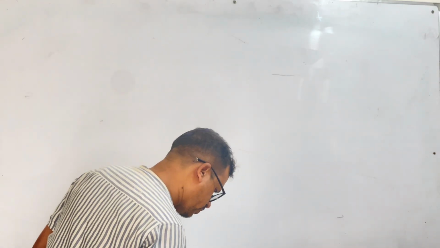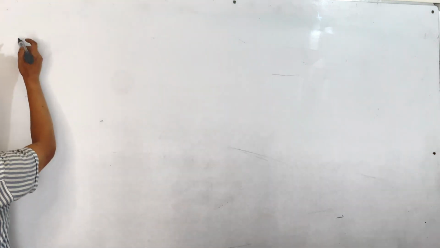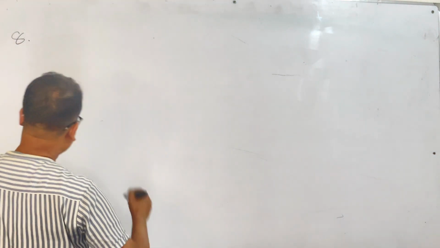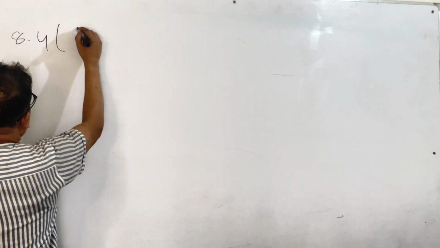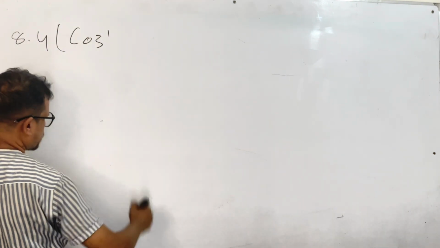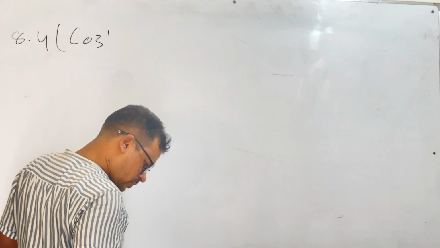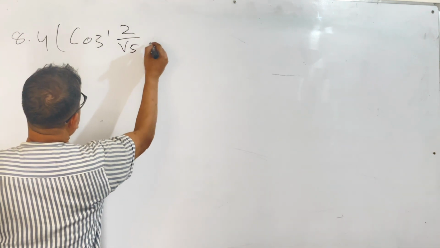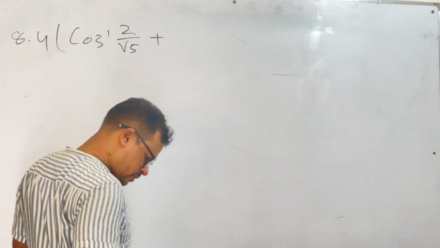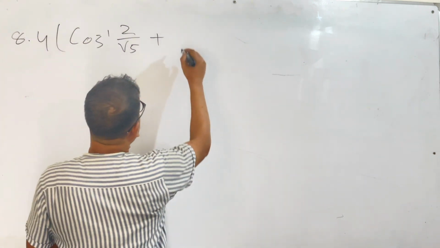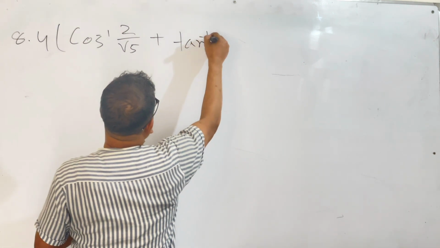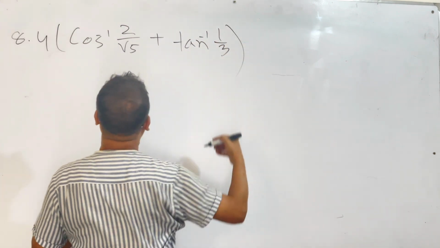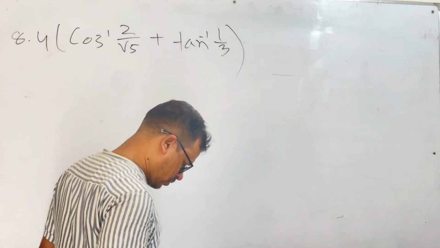Question number 8. What is cos inverse 2 by root 5 plus tan inverse 1 by 3 equal to?